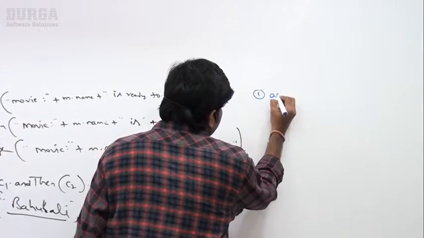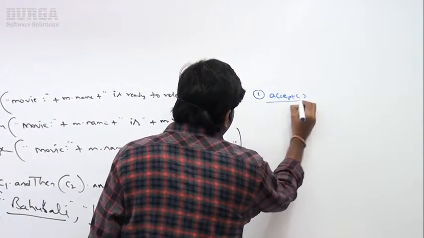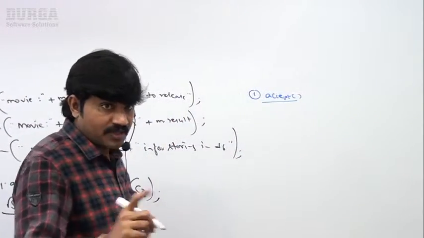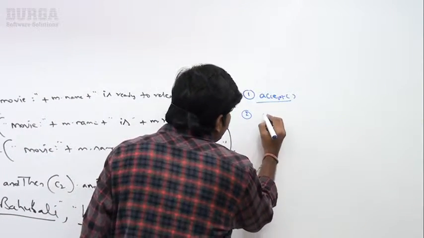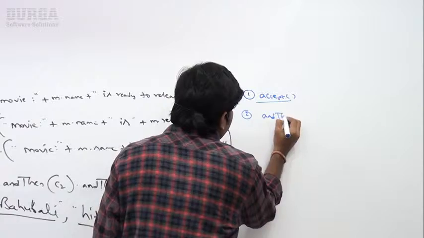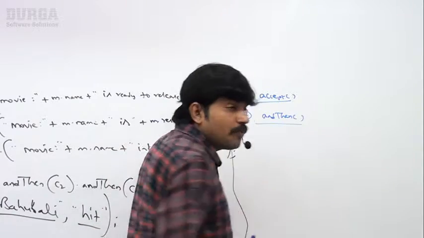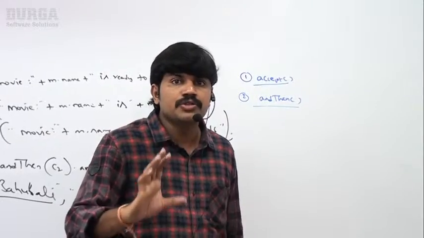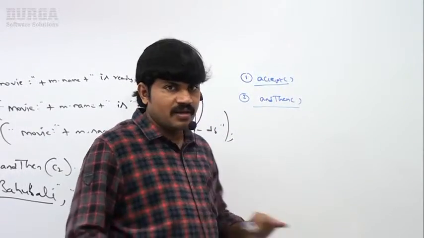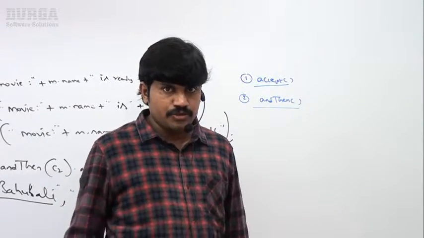Are you getting what the first method is, sir? Can you please spell out, accept method, which is the abstract method. Second method, sir. What is the second one? Do you know? Just andThen. The purpose of the andThen method is to implement consumer chaining. If you are aware of that, it is there in the consumers. Clear?